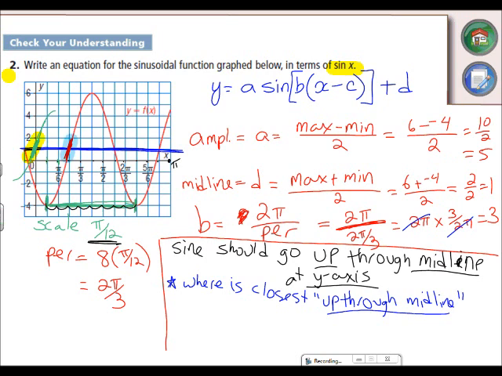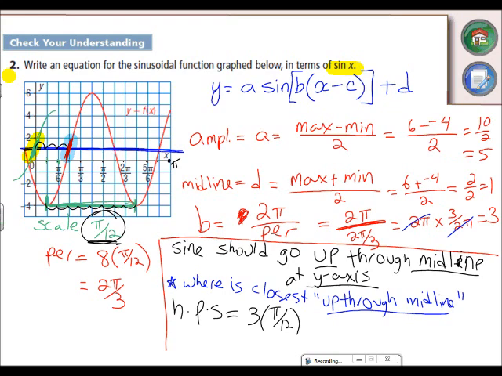Let's count how many tick marks it takes us to get there. 1, 2, 3. I went 3 to the right. 3 pi over 12s to the right. So my horizontal phase shift is 3 of the pi over 12 tick marks.